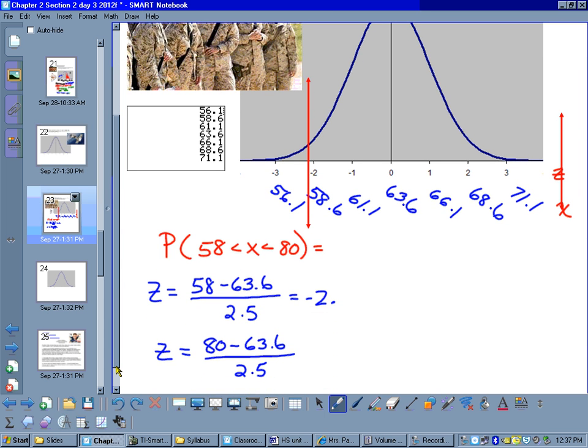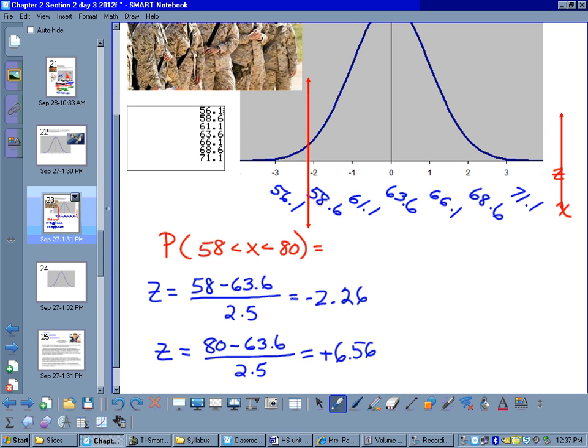All right. Subtracting and dividing, we get -2 point what for this first one? -2.24. And for the bottom one, we get positive 6.56.